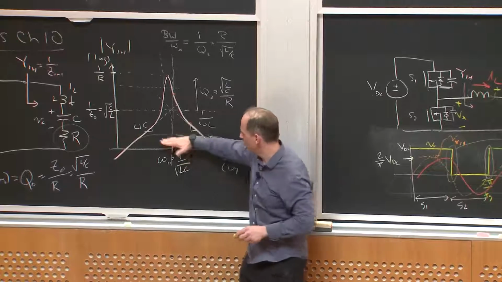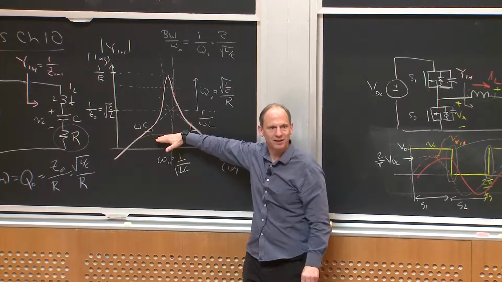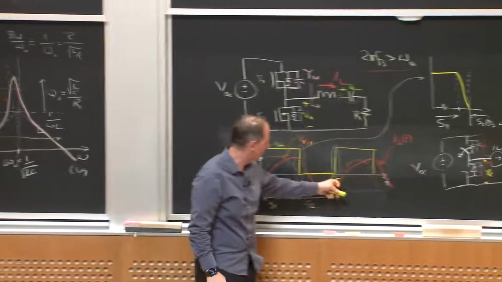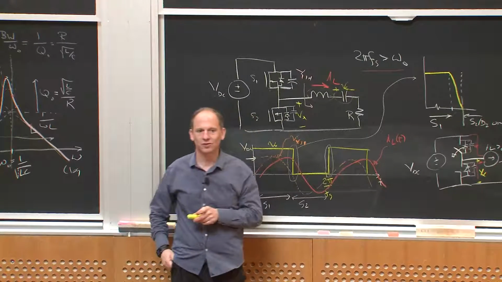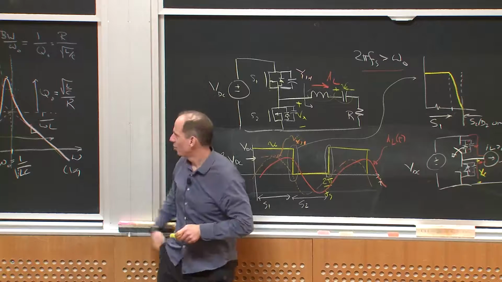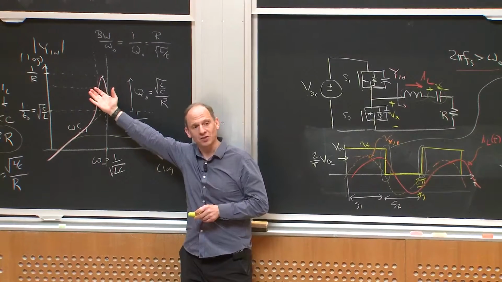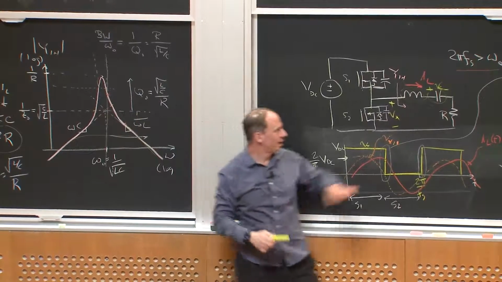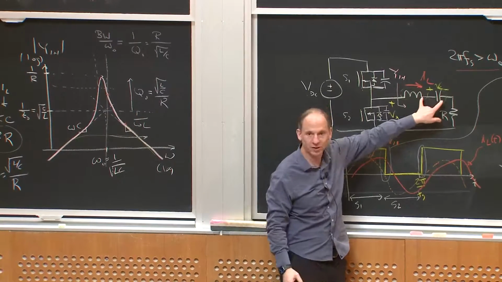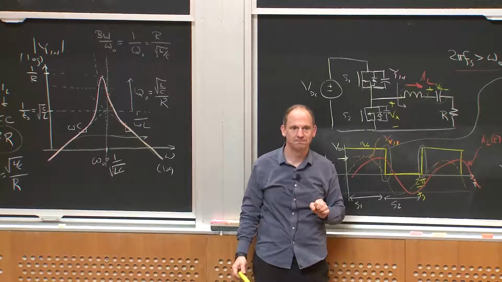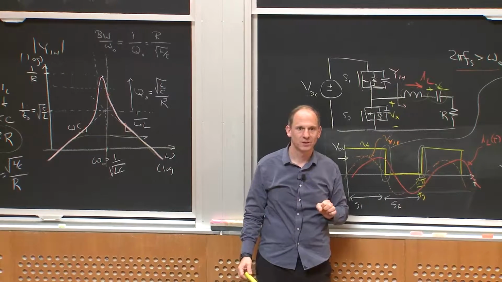And then maybe I don't do a good job of attenuating my harmonics and my current waveforms get distorted, and then perhaps I don't get the right phase shifts for zero voltage switching. So you want Q to be high enough that you get good attenuation of harmonics and low enough that you don't have big stresses on these components and big parasitic losses in those components. Questions about that?